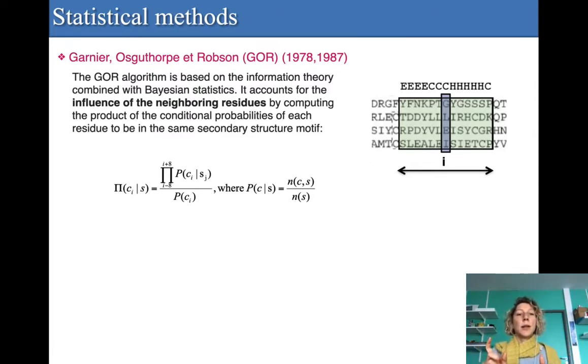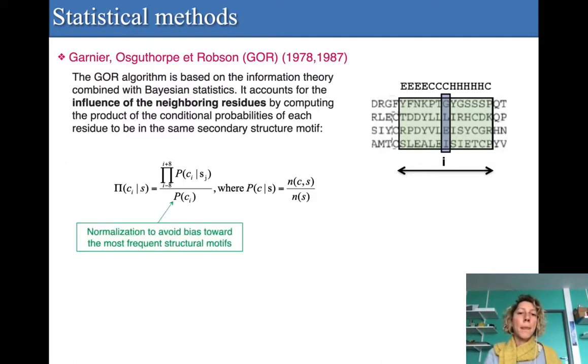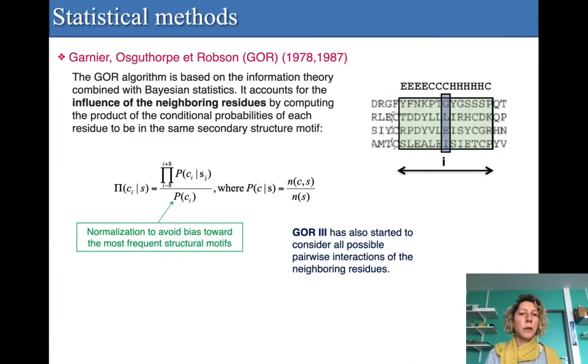And so you're just going to compute a product of the probabilities based on sequence counts. So it's the same formulation for the probability based on the counts, and you're just going to multiply for the different positions in the window, right? Okay, you normalize to avoid bias toward the most frequent structural motif.